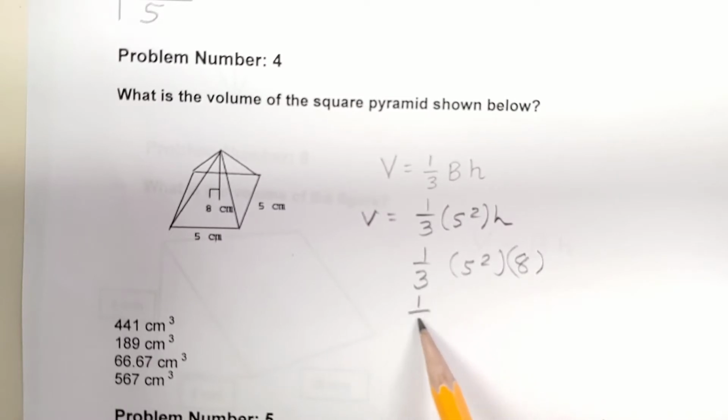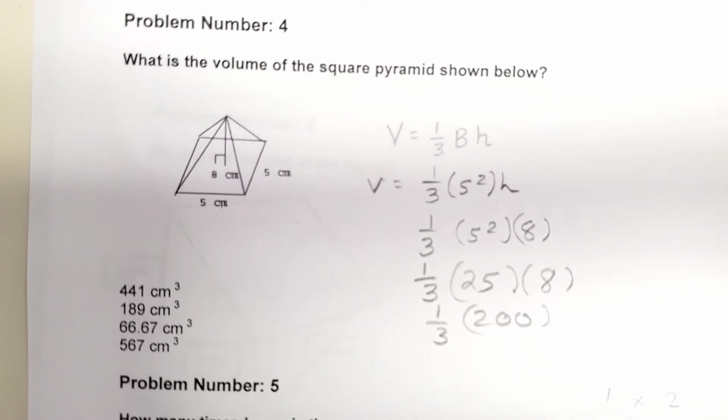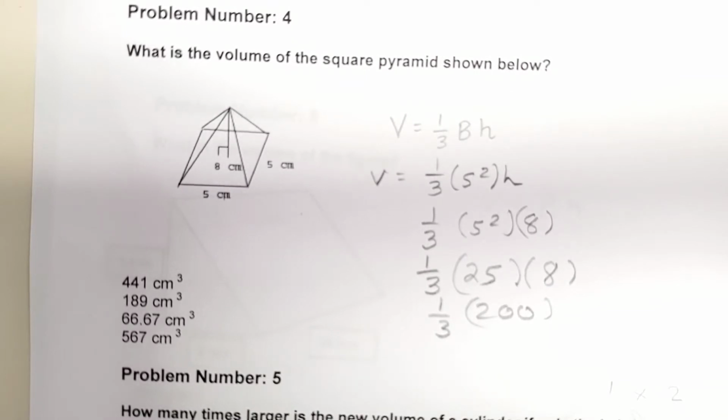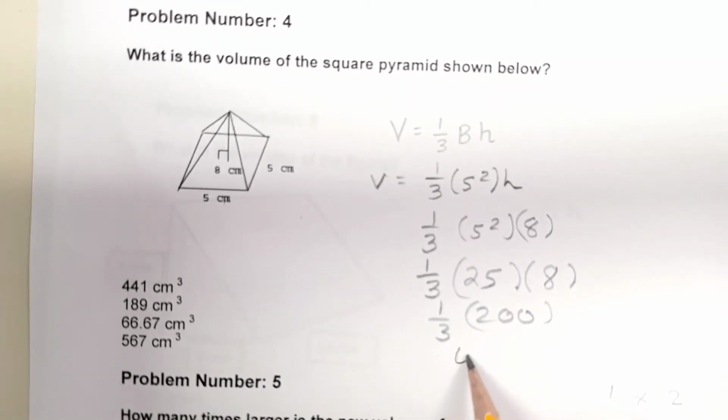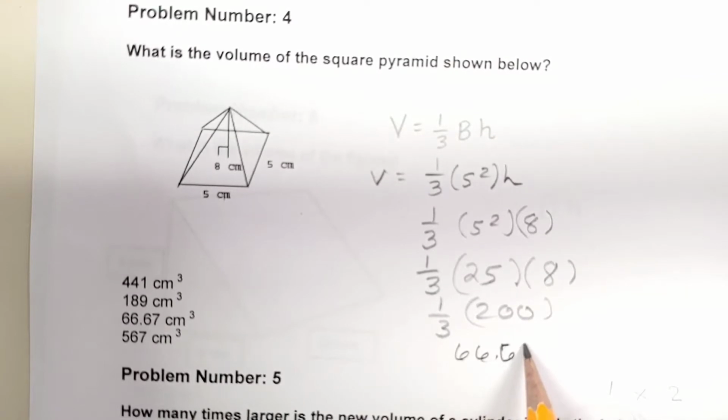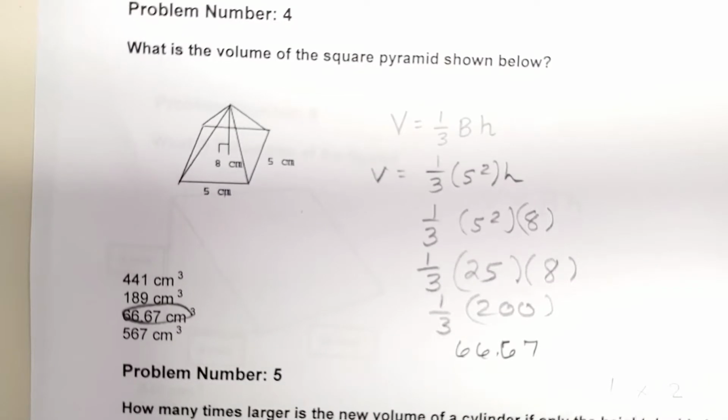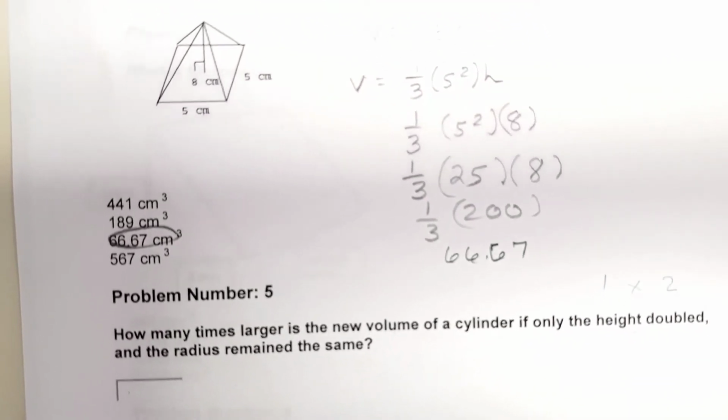So it's 1/3 times 25 times 8. Well, 25 times 8 is 200, right? And 1/3 of 200 is 66.67, rounded. Okay? That's how you find the volume of a square pyramid.